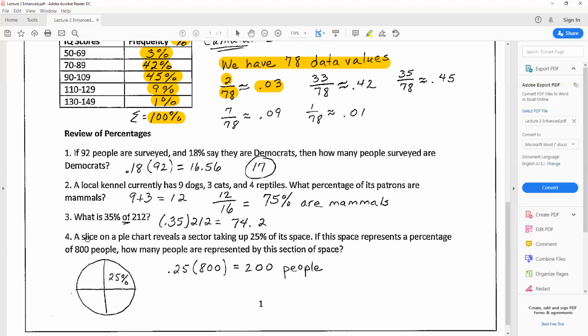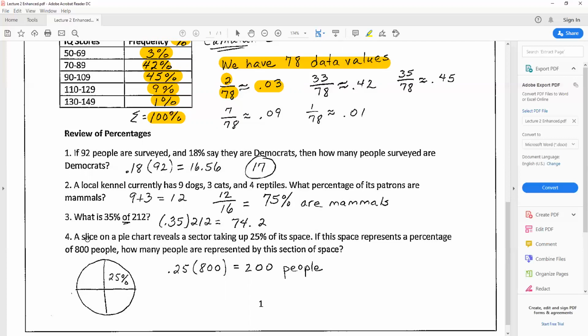So 0.18, that's the 18%, times 92 people, gives you 16.56 people. For this class, and for most statistics classes, whenever we are dealing with people, we always round up. So that would be 17 Democrats, right, in the crowd of 92.